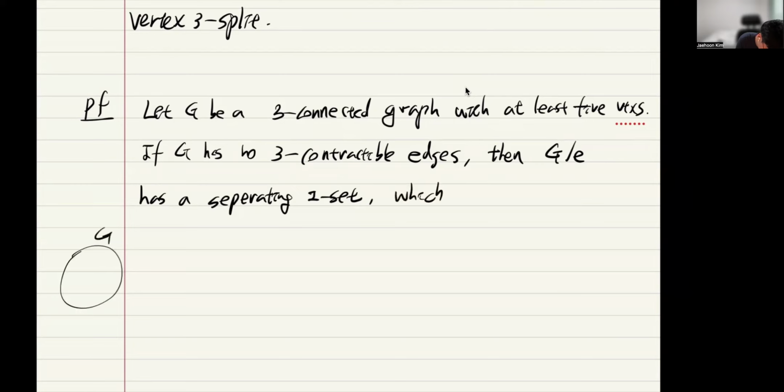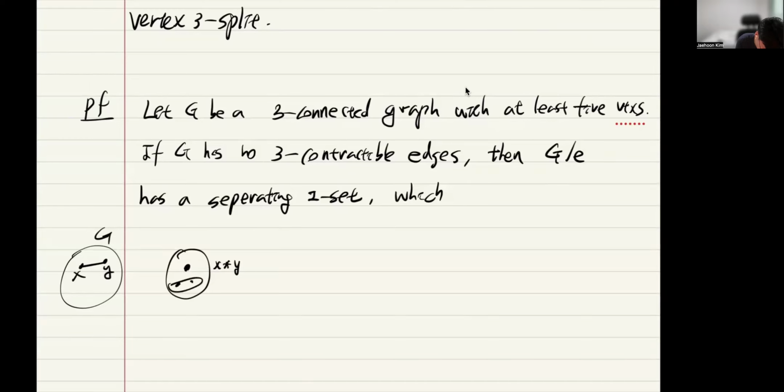So you have a graph, and let's say you contract x and y. Then you obtain a new vertex here, let's write it as x star y. And there you have a separating set of size 2.